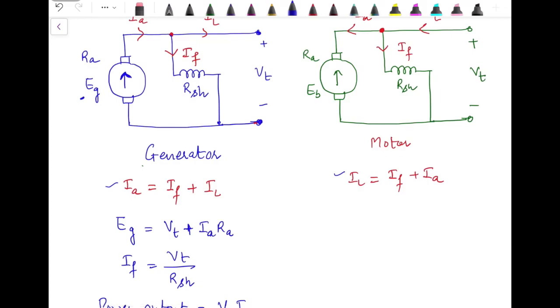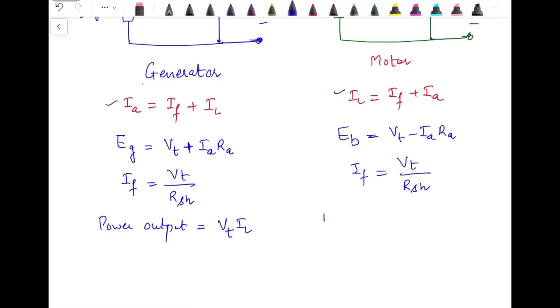In case of the motor, the voltage balance equation is EB is equal to VT minus IARA. IF is the same as in the generator, since IF is equal to the voltage across the field winding upon the resistance of the field winding.